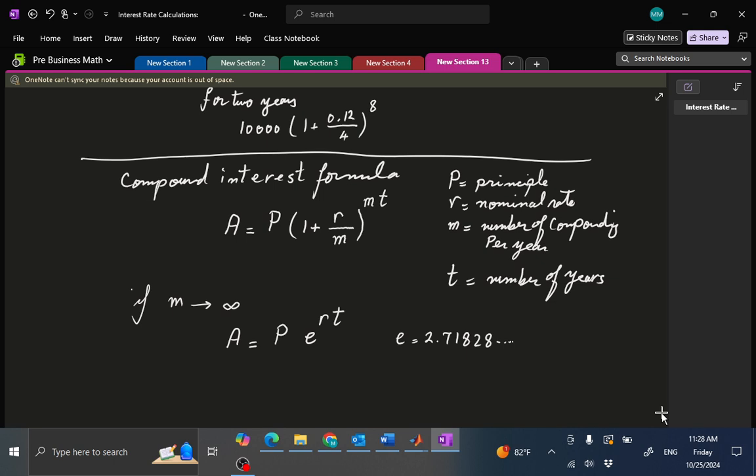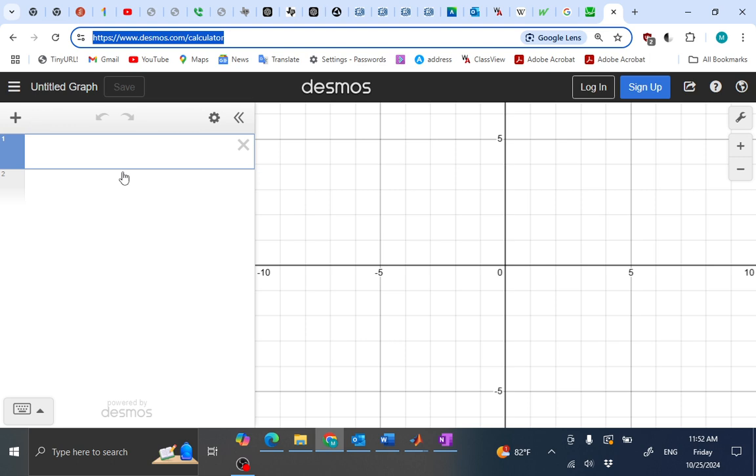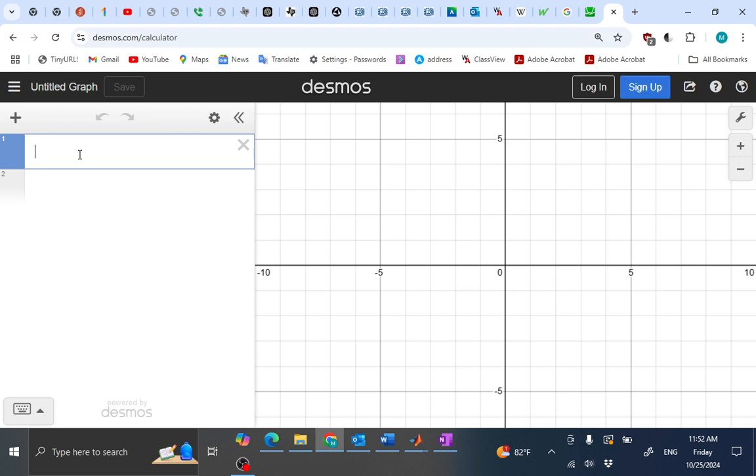Let's go ahead and take a quick look at a demo from Desmos to see how this looks. Okay, let's take a look at these formulas on Desmos and get a sense of what they mean.